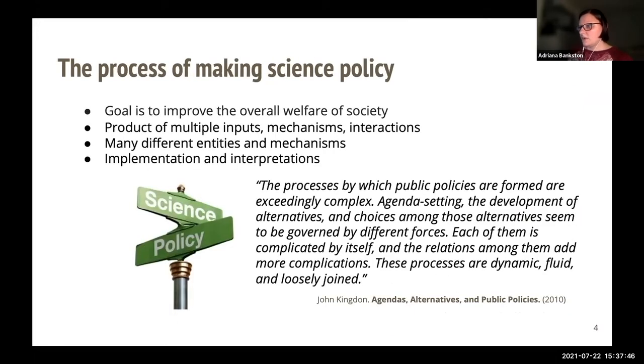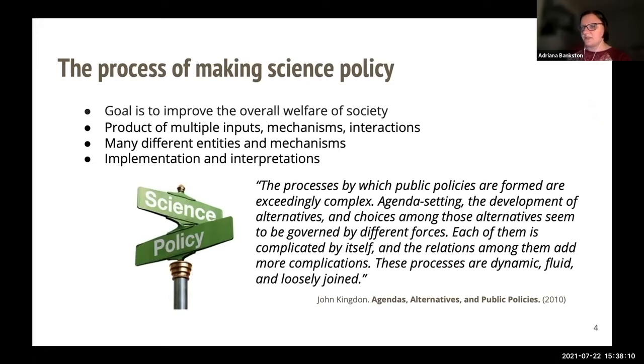So how do we think about science contributing to the policymaking process, and how does it work? In general, you want to think about the goal of good policy should be to improve the overall welfare of society. And as you'll see, just to give you a little bit of a flavor of how this works, science policy is a product of multiple inputs, mechanisms, and interactions.